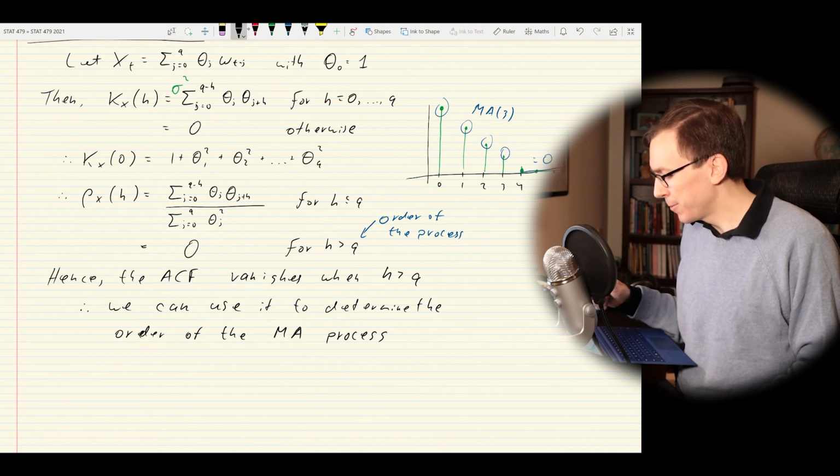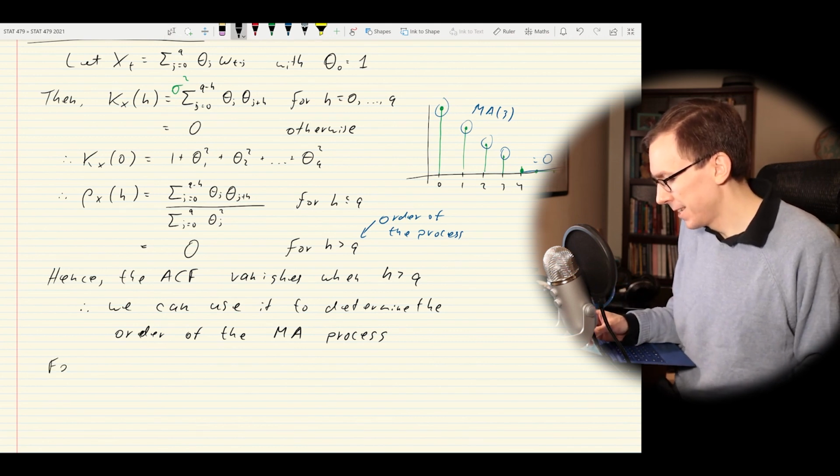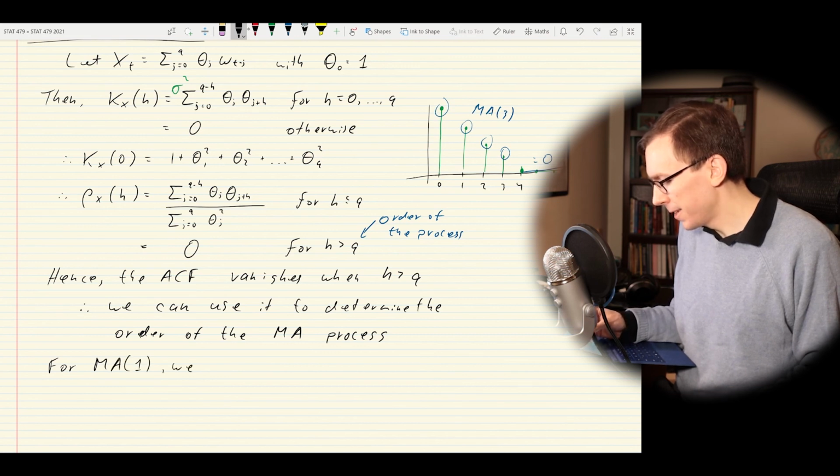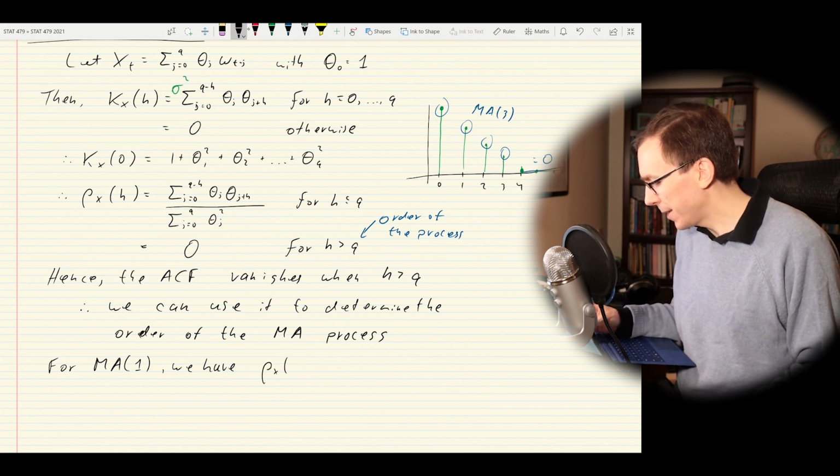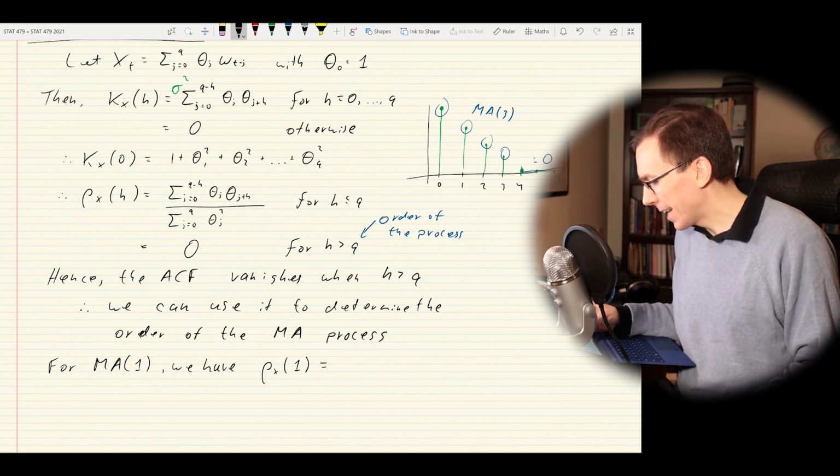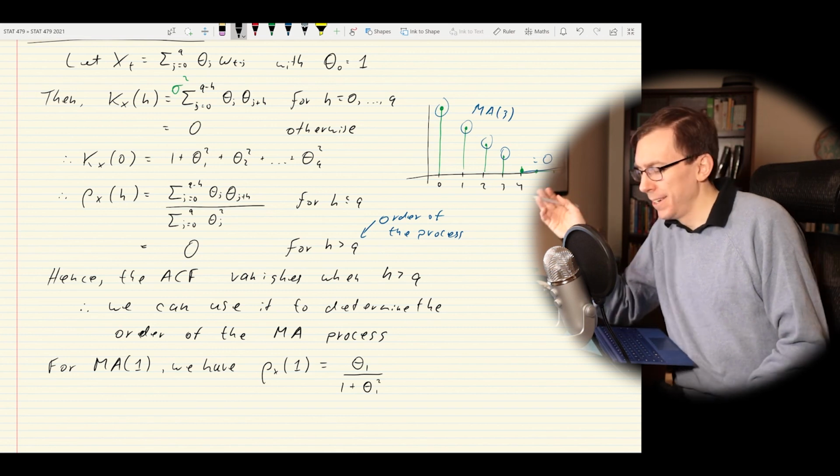Two things to note before we're done. The first is that for MA1, just to give a simple example, the rho x at lag 1 is just going to be theta 1 divided by 1 plus theta 1 squared, right?